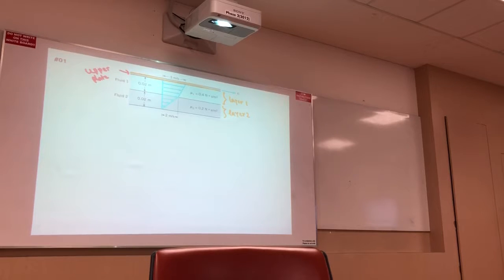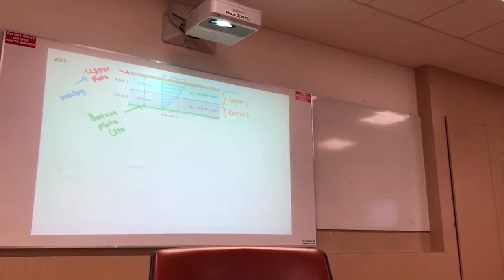Two layers of fluids are dragged along by the motion of an upper plate, as shown in this figure, with the bottom plate remaining stationary. That means the upper plate is moving, right? I can write this plate is moving, and there is another plate. I put it here in green color. This is the bottom plate, and this bottom plate is in stationary condition. It is not moving, right?